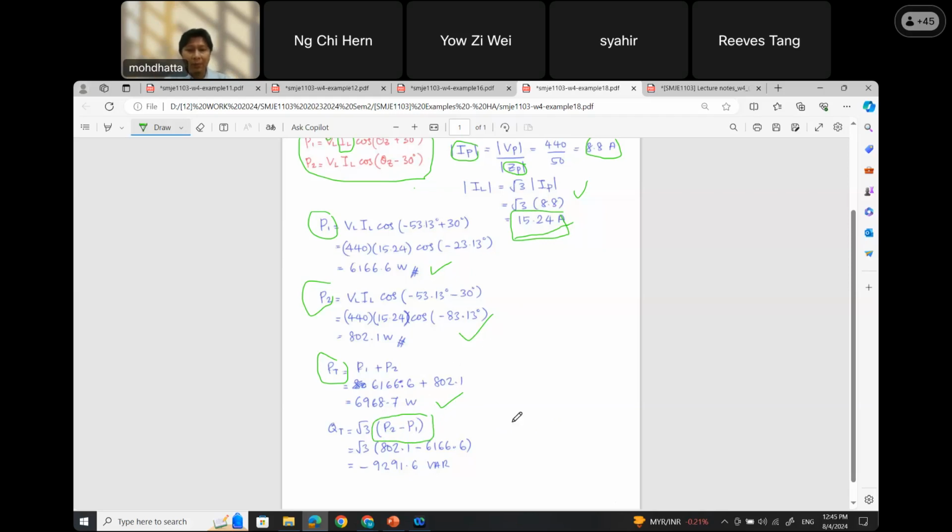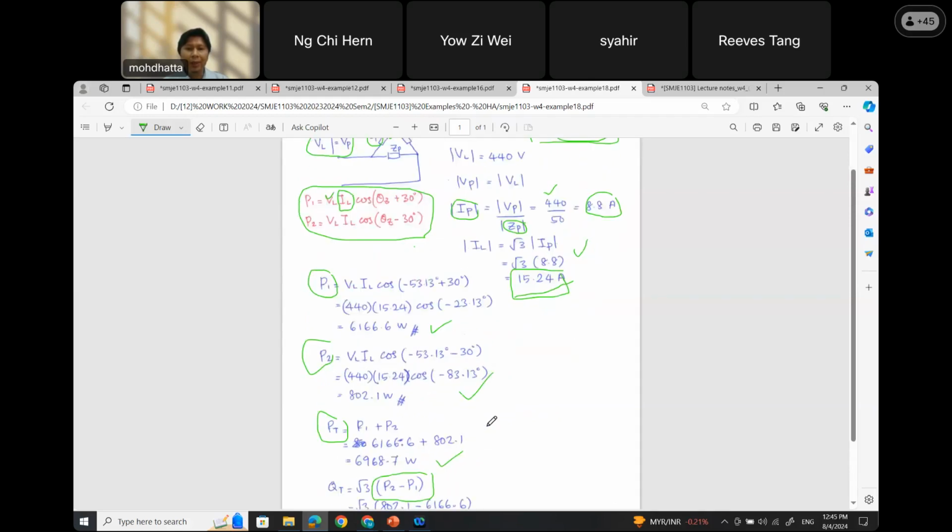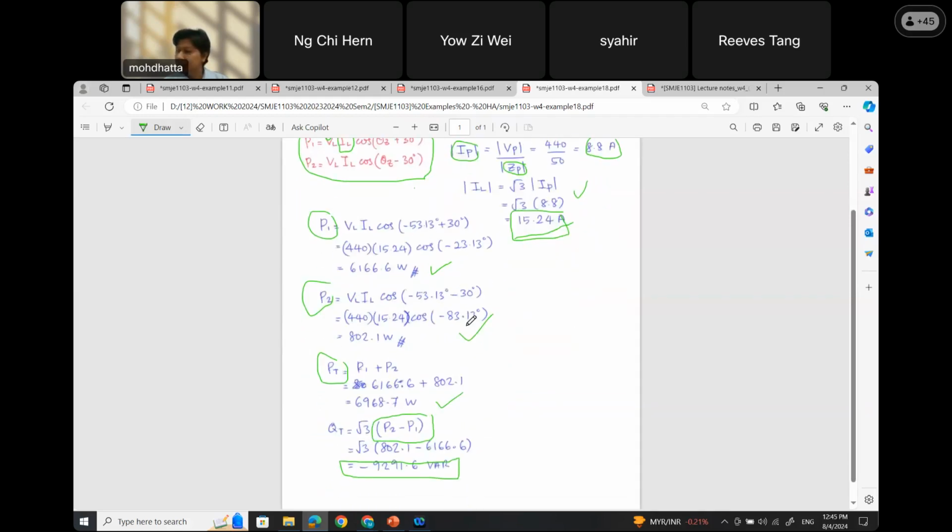Based on what we have over here, can someone tell me the nature? If I try to calculate the power factor, what is the nature of our power factor? Is it lagging, doctor?